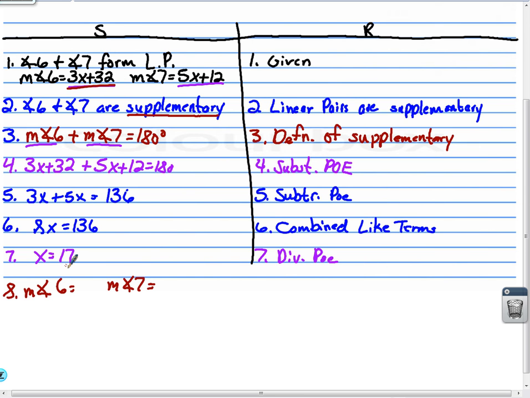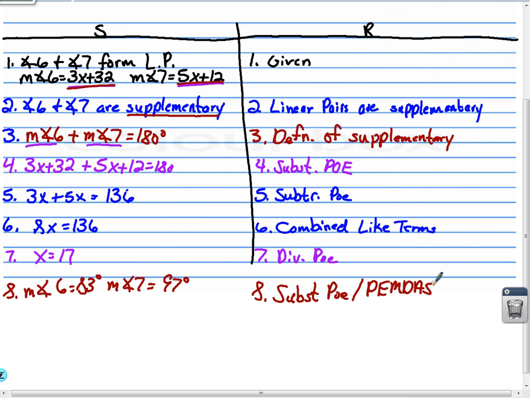X is 17, so that's 51 and 32, which is 83 degrees. Measure of angle 7 was 5x plus 12. X is 17, that's 85 and 12, which is 97 degrees. In my reasoning there, I did substitute. I used the substitution property of equality, and I also went ahead and did some basic, you want to put PEMDAS, order of operations to actually simplify.